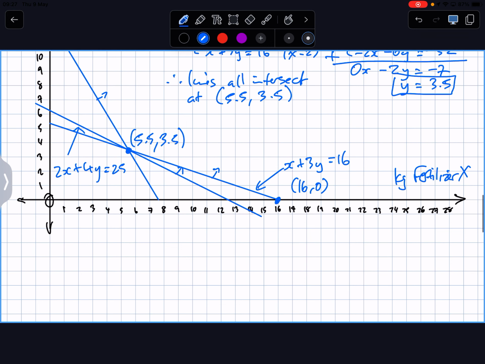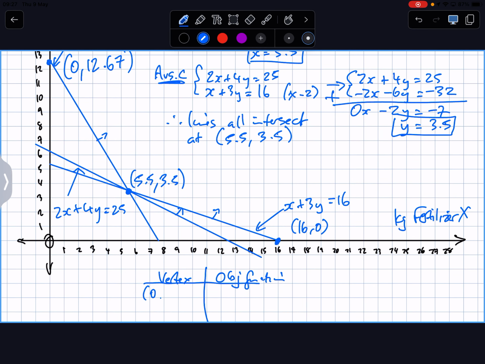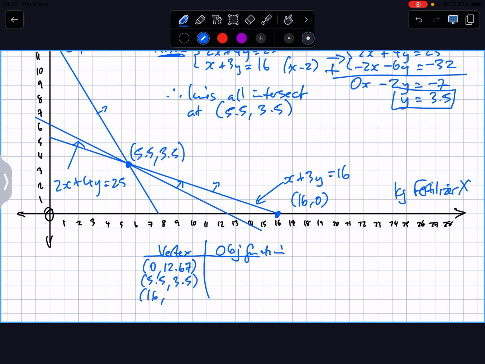Vertex and objective function. What were the vertices? We had 0 and 12.67. We had 5.5, 3.5, and we had 16, 0. What was the objective function? What were the costs of the fertilizer? Can someone remind me?